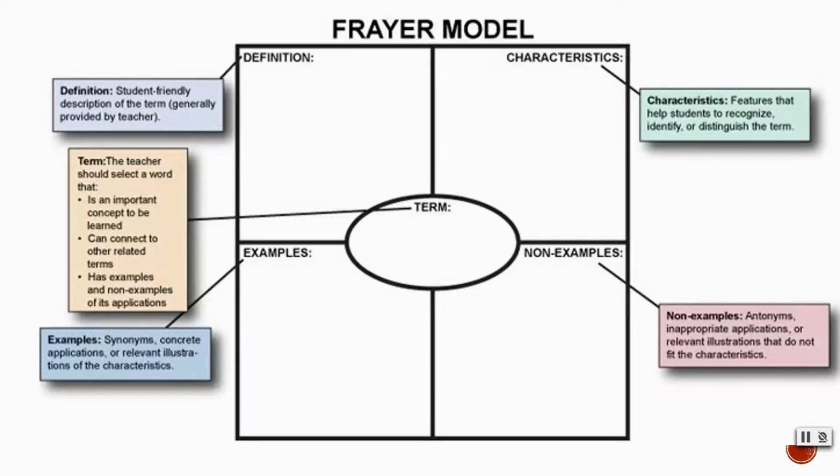But the Frayer model is a classic organizational tool. If you have the students compile these, you can spot check them later on, whereas you may not have enough time to monitor the students in steps 3, 4, and 5 during the anticipatory set. If they're putting it into an organizational chart like this, you can check the information later on.